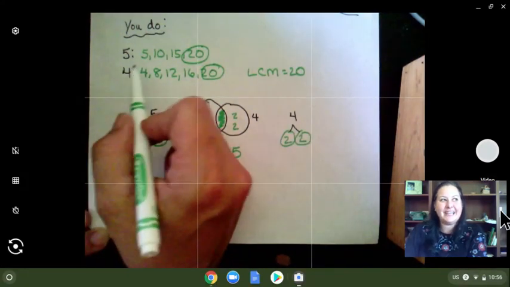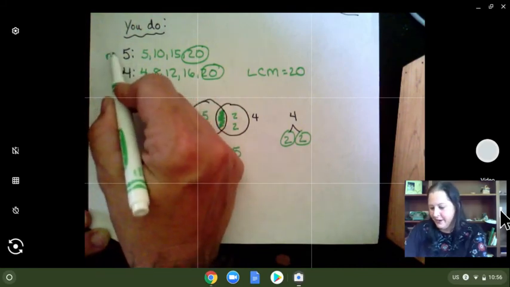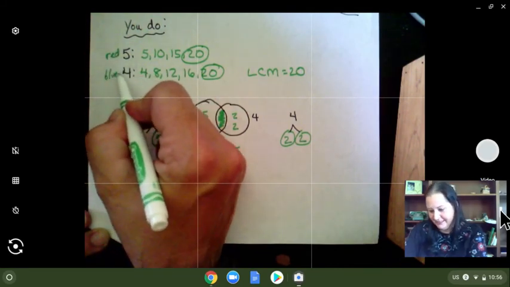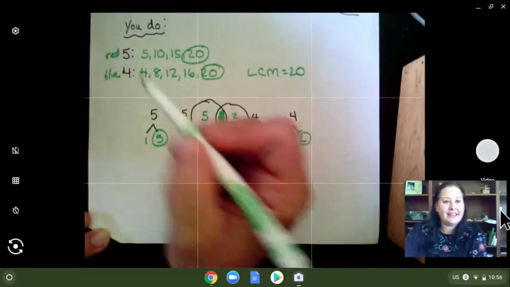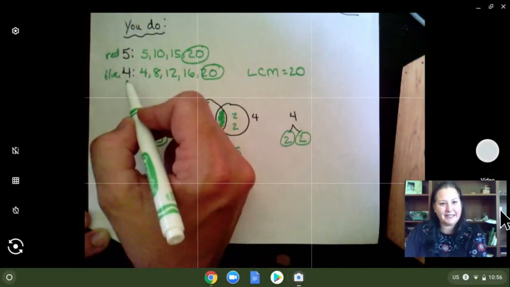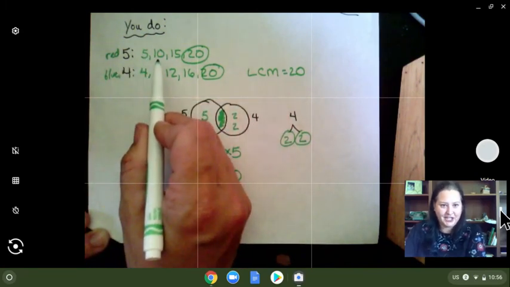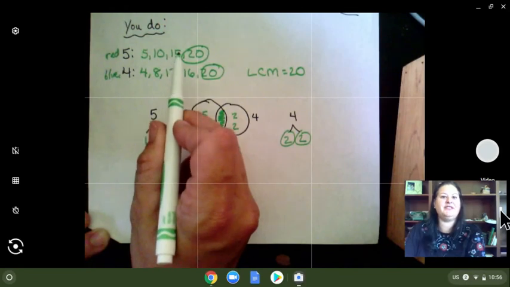And you need the same number of red beads and blue beads to make a bracelet. So these are our red beads, these are our blue beads. You have to buy the red beads in packages of 5, and you buy the blue beads in packages of 4. So the first package would be 5, second package 10, next package would give you 15, and then 20.